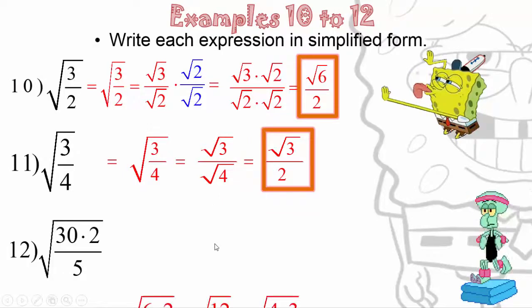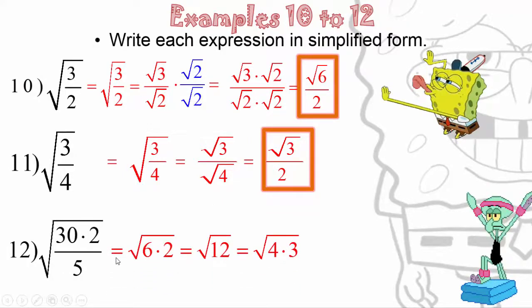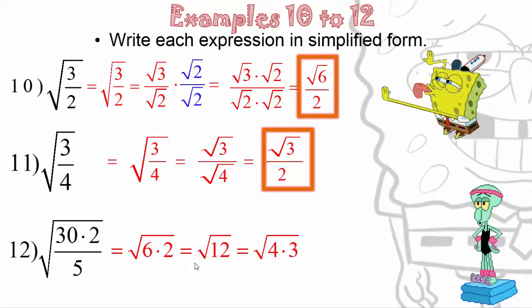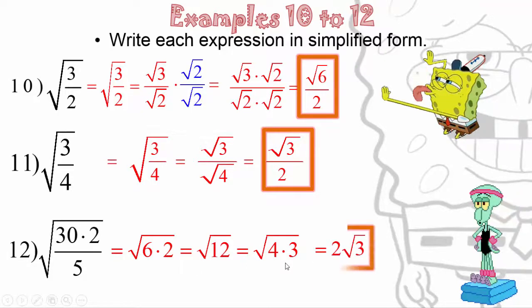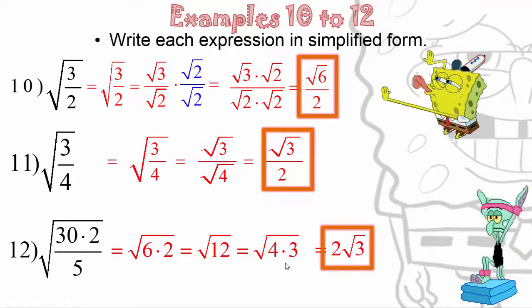Reviewing, we simplified it to the square root of 6 times 2, which is the square root of 12, and then we further simplified it to the square root of 4 times 3. We took out the 4 to get 2 square root of 3, and that was our final answer.